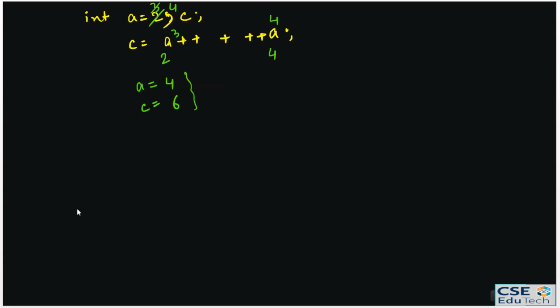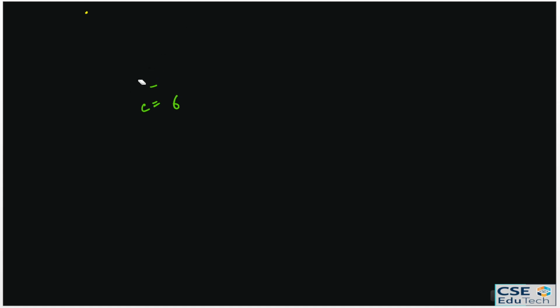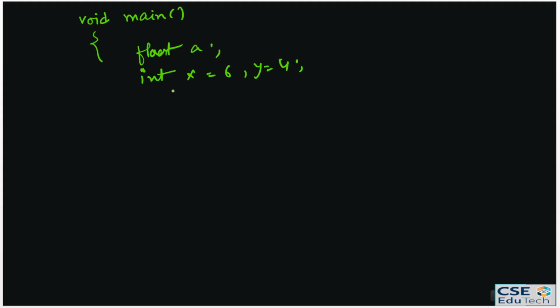we'll give an example. Suppose we have a code like this: void main, and float a, and int x equal to 6, y equal to, suppose, 4, and a equal to x by y.